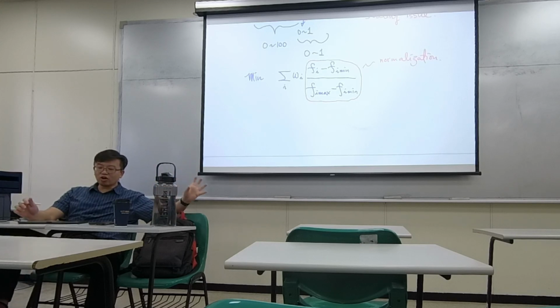So the term that has a smaller value of the weight becomes less important. So a greater Wi means Fi is more important, and lower means less important.